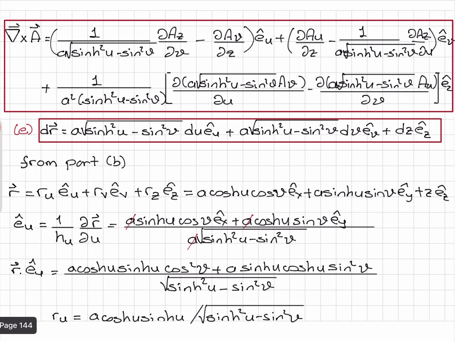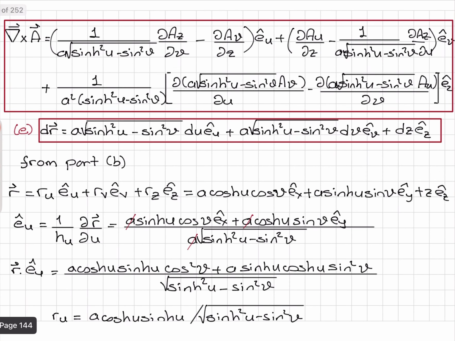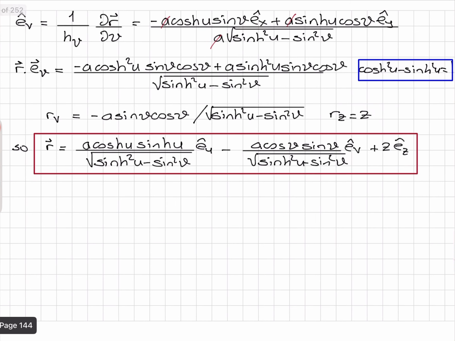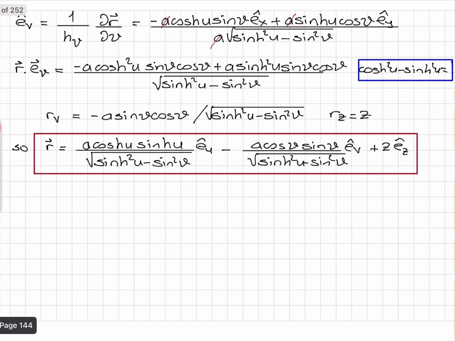So this is going to give me cosine hyperbolic squared cosine v sine v. And then I will get sine hyperbolic squared sine v cosine v. Cosine hyperbolic squared minus sine hyperbolic squared is equal to 1. This is something we have used many times. So with that, I obtain rv.